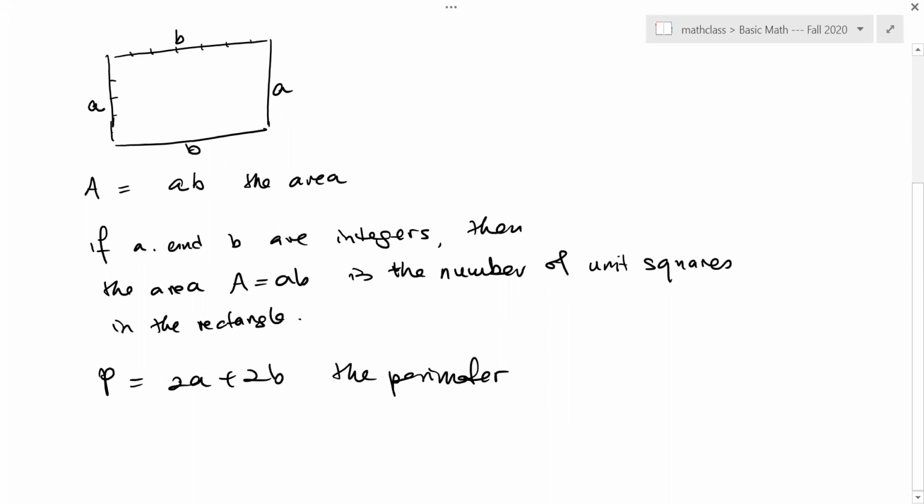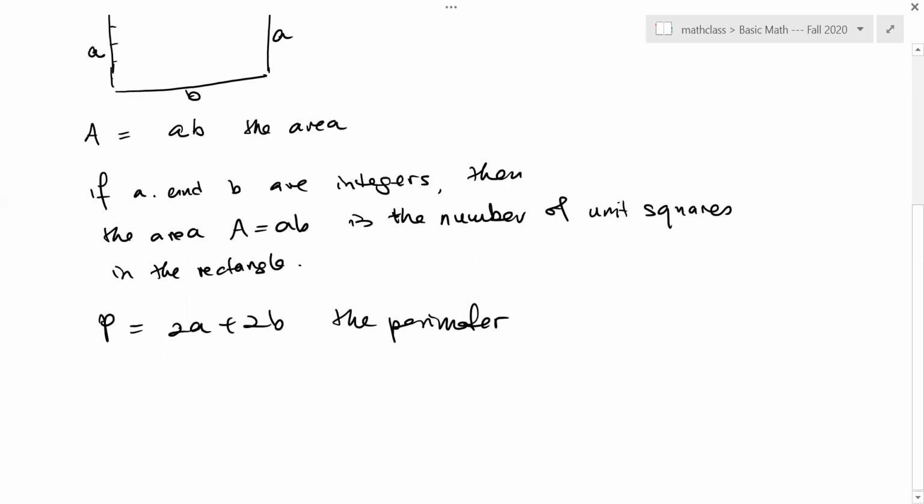That does not tell you how many unit squares are inside the rectangle, but it tells you how long, for example, if it's a garden, the fence around it is. The perimeter still has a geometric meaning: it tells you the sum of all the edge lengths of this rectangle.